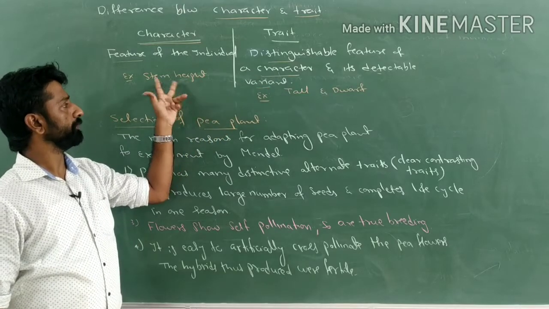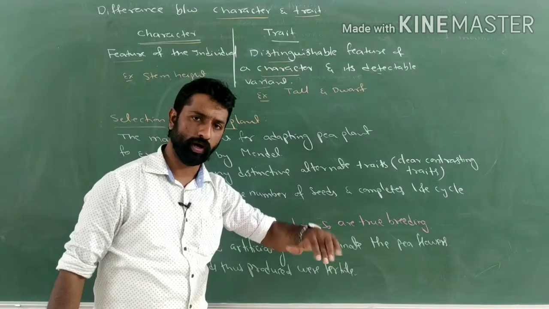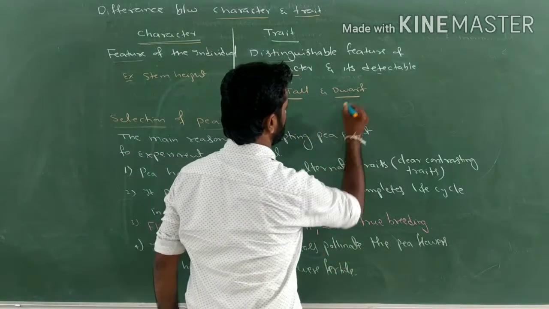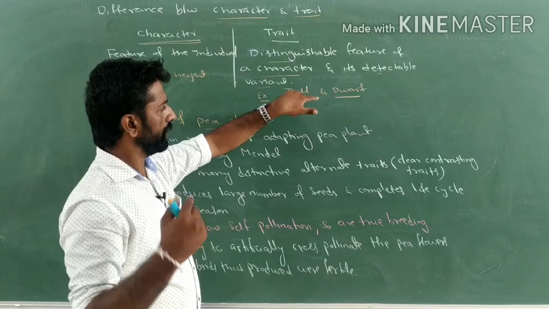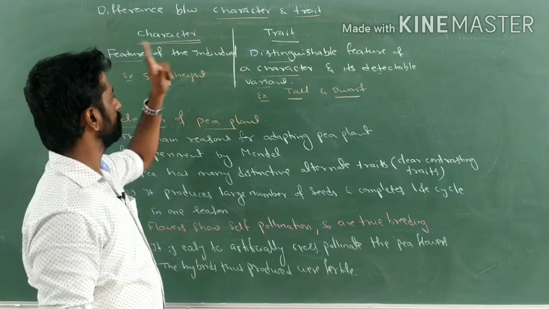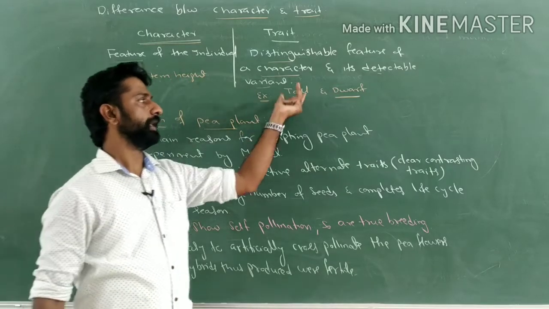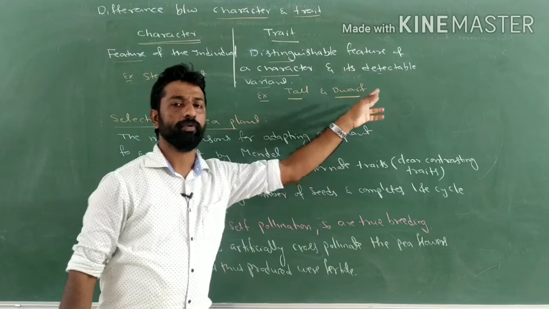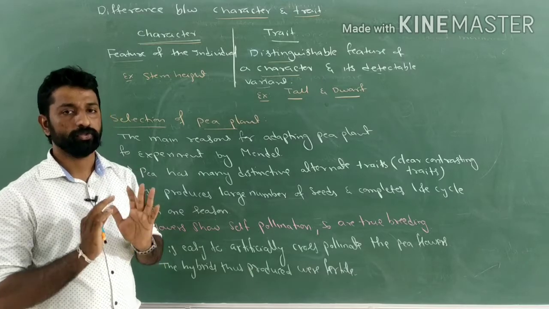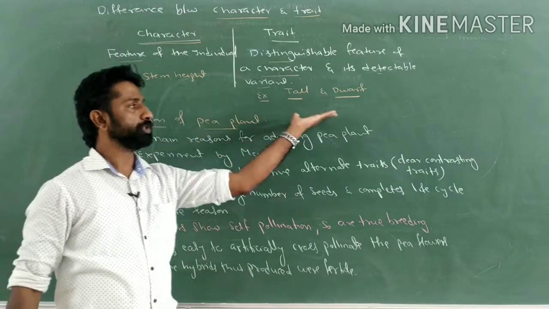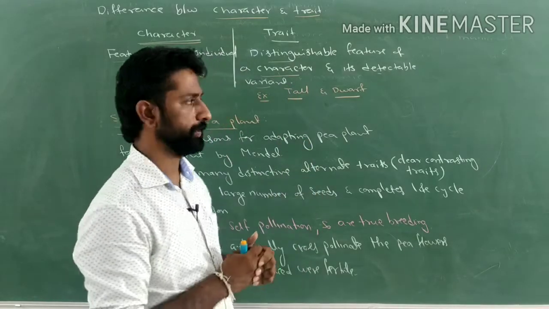What are the two detectable variants of the stem height? Height has two variants, either it will be tall or dwarf. So tall and dwarf indicate the two contrasting variants of a character called stem height. Stem height is a character; tall and dwarf, these two are the variants or the traits of stem height as a character. Is it clear? This is how every character will show its own contrasting or opposite traits, right?